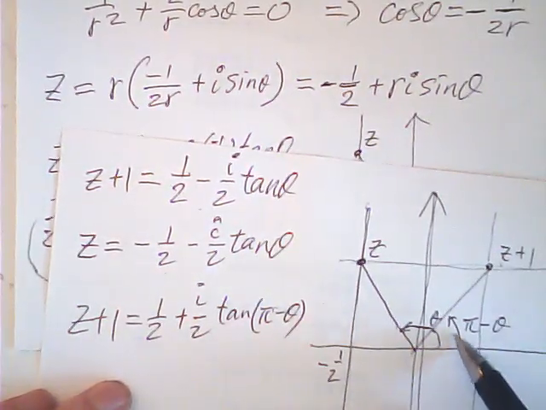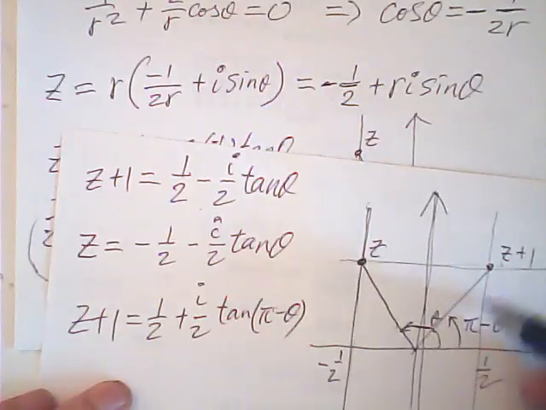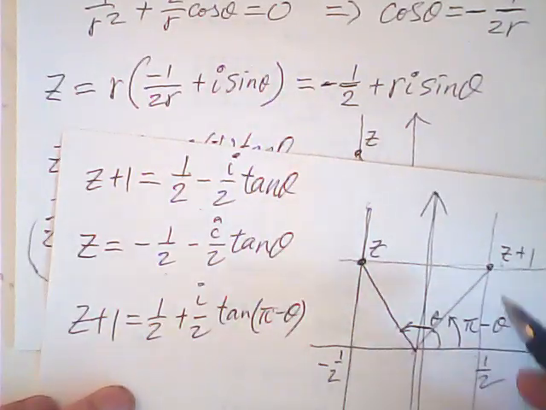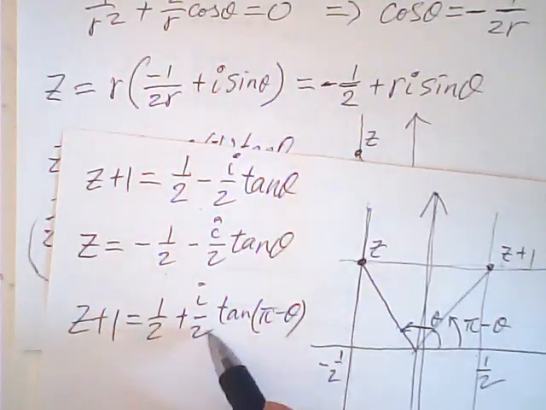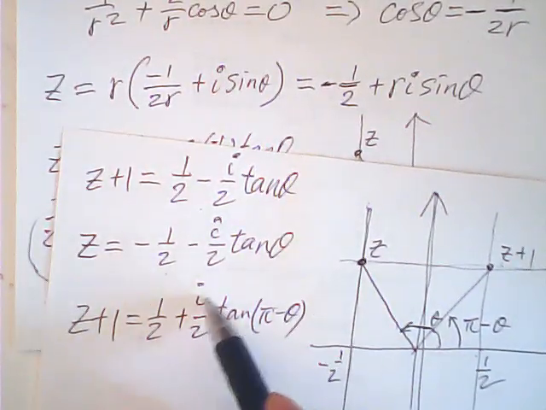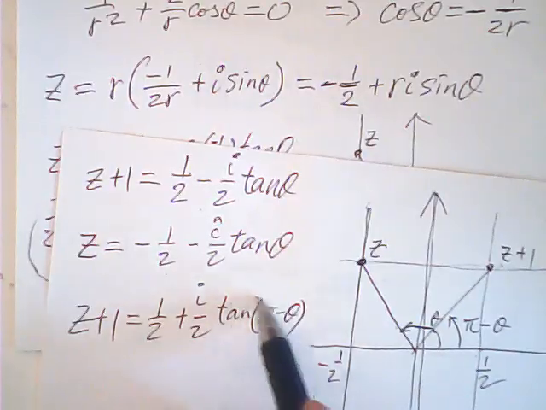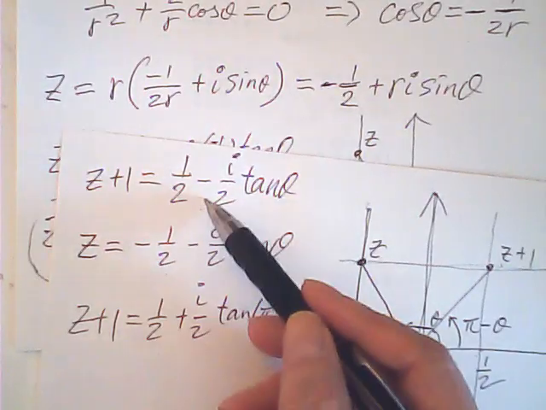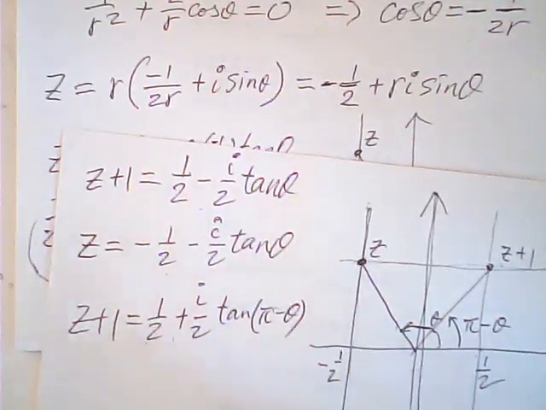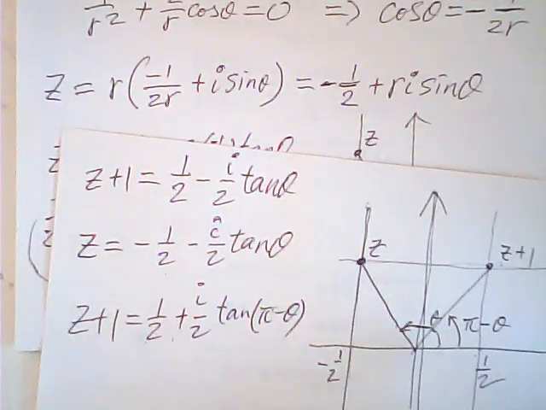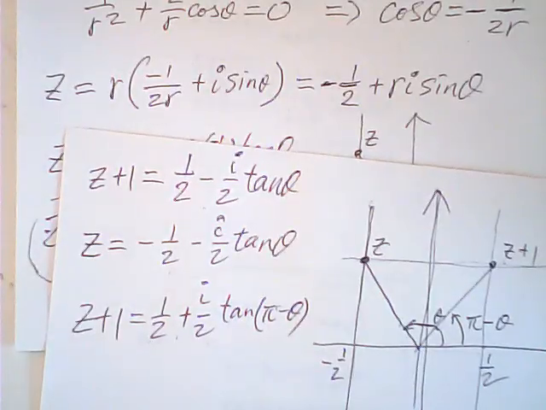If I'm using this angle, this will be positive, right? Positive half times this one. But eventually they are the same. This is a negative tangent of theta. So therefore, this and that are the same thing. They're eventually equal to the same thing.